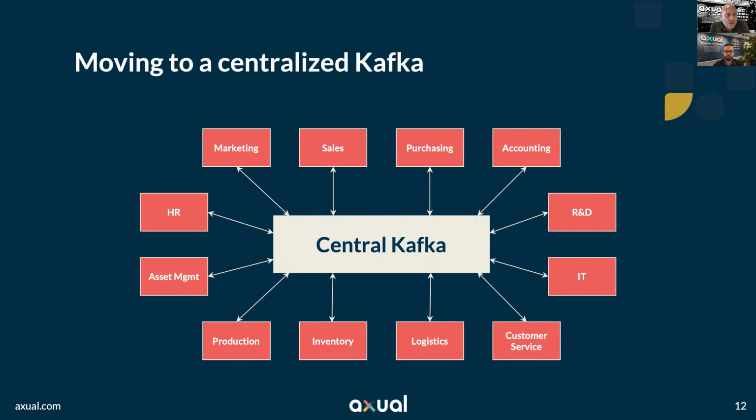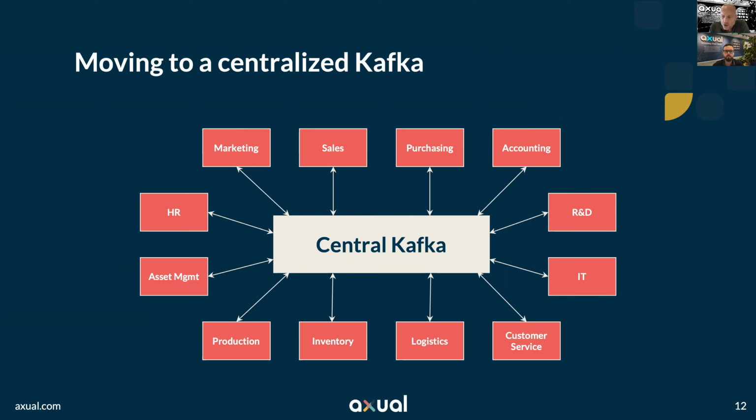Well, generally you would get a picture like this, where you have a centralized Kafka with all of your departments neatly organized around this central Kafka. And so marketing would be exchanging marketing events with other applications. Logistics would do logistics events, and everybody would post their own events and collect the events of other departments that they would be interested in.